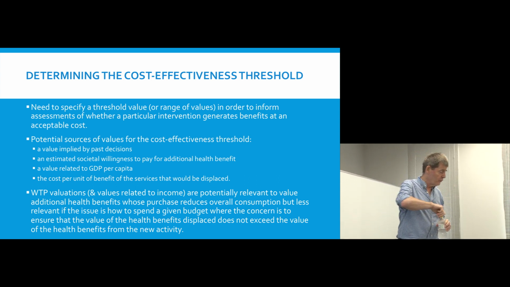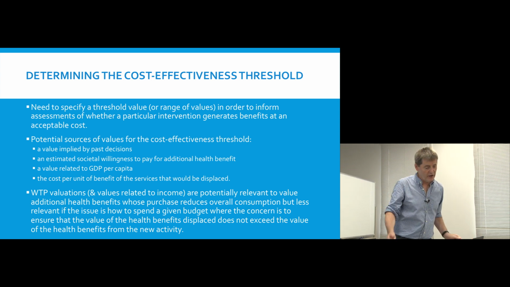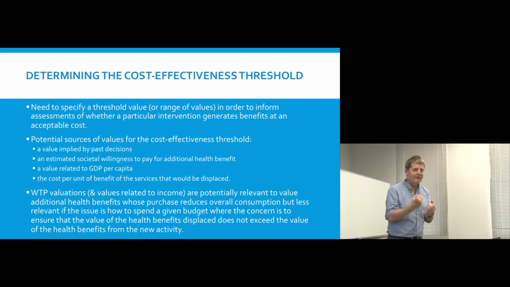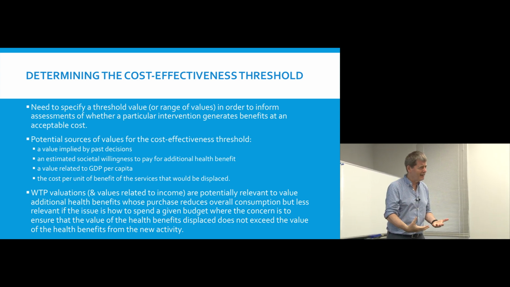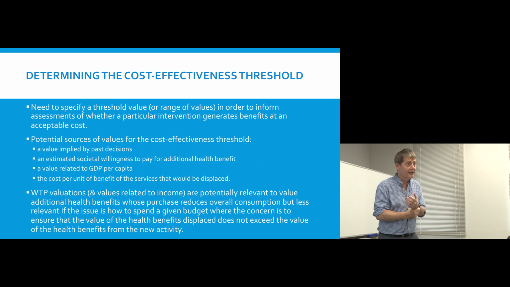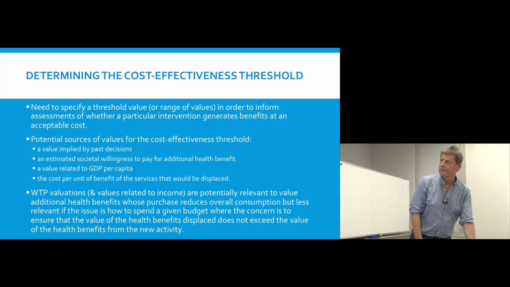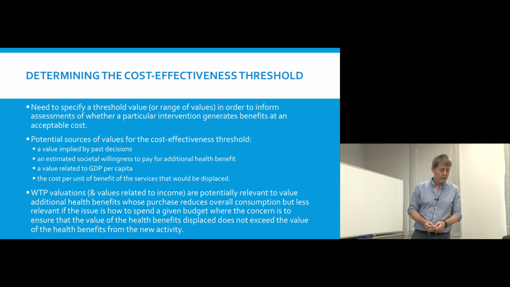And without a threshold, we just have these numbers that say the cost per QALY was such and such, but it's not really information that we can find very helpful without some idea as to how much we are willing as an organisation or perhaps even as a society to spend to get an additional health benefit. Now there's a number of potential sources for cost effectiveness threshold.